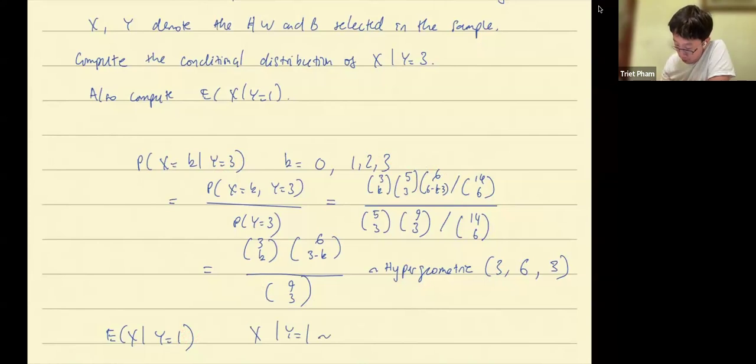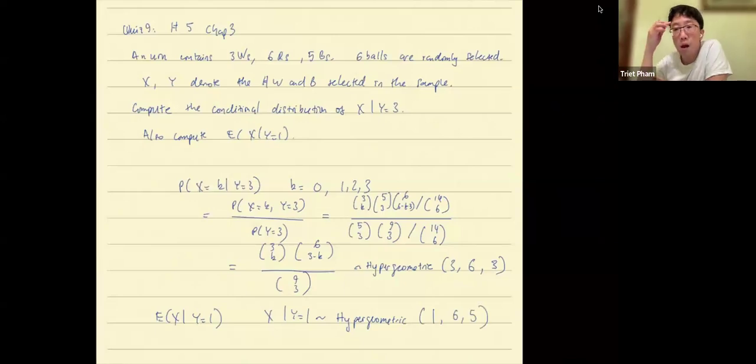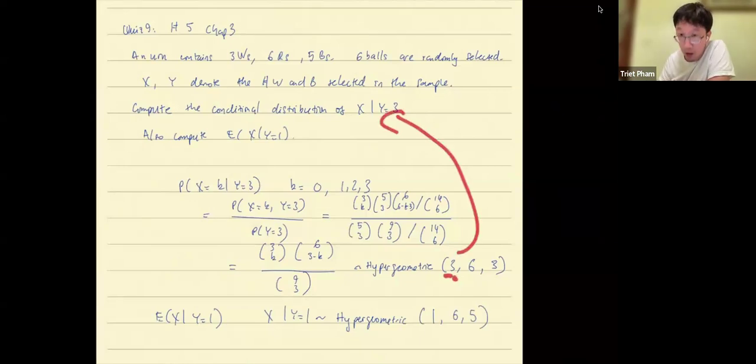It will still be hypergeometric, with 1, and then 6, and then 5. Because the 1 is the number of Y that you condition on, 6 is the 6 balls selected, and this 5 is 6 minus 1.